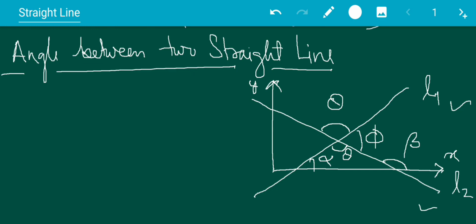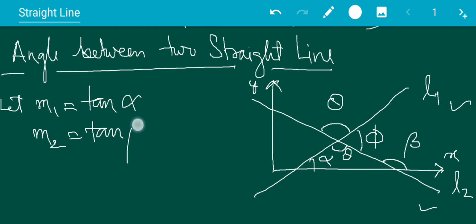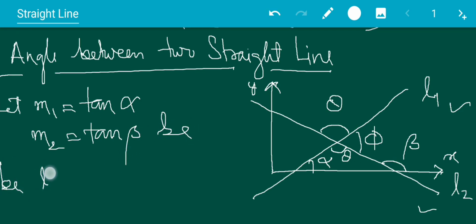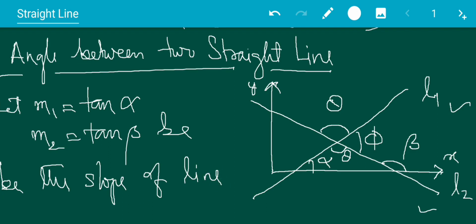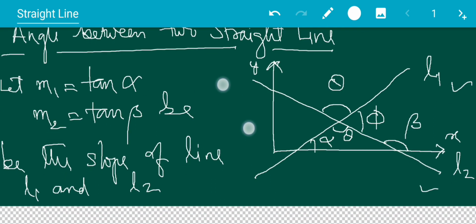Now let m1 equal to tan alpha, m2 equal to tan beta be the slopes of line L1 and L2.